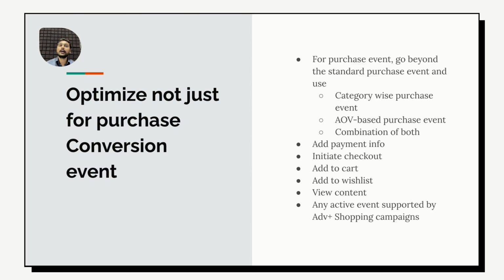Let's say you're running an ad campaign for shirts, and you send the same purchase event data to Meta. Now it will try to optimize for purchase event data, and let's assume that you had more purchases of tops.